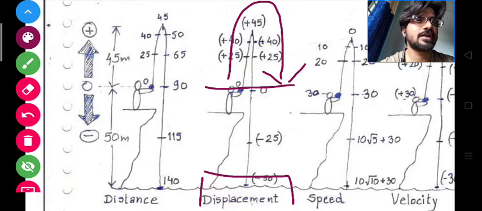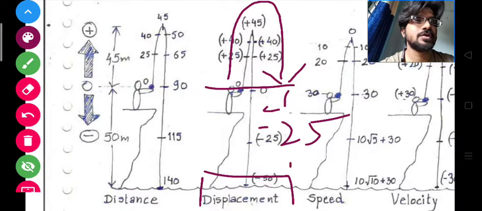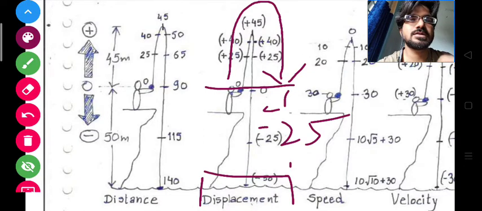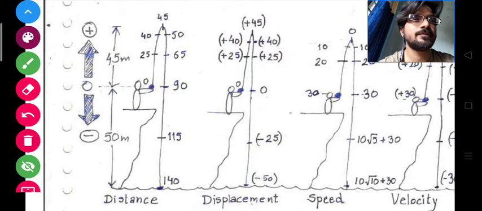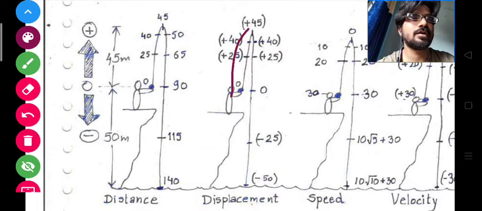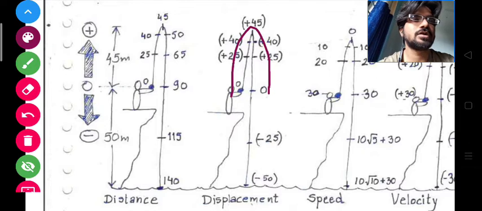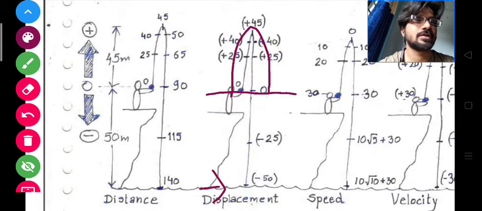After that the negative axis starts, with -1, -2, -3 till -25 here, and till -50. Since it is a vector quantity, when it has gone from here to here and then back, the total displacement became 0. Because it is represented by a direction.